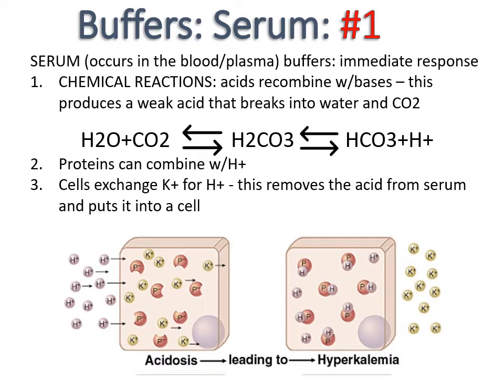Okay, so this cellular exchange is temporary. It's going to allow the body to hide the H plus so that acidosis can be immediately controlled and dealt with. So the serum is the fastest acting buffer in the system.